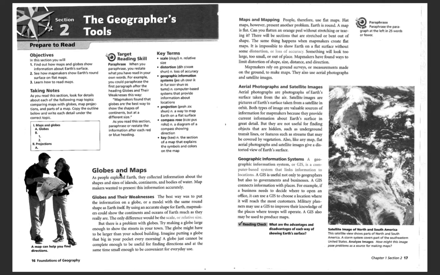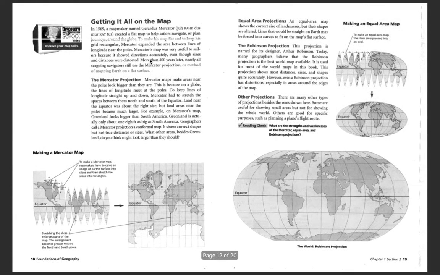The first part of the section is about globes and maps: globes and their weaknesses, maps and mapping, aerial photographs and satellite images, and then the GIS. You can see a satellite image of North and South America. So that's the beginning of your reading. Then we'll be talking about getting it all on the map.